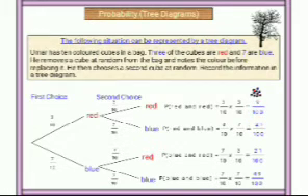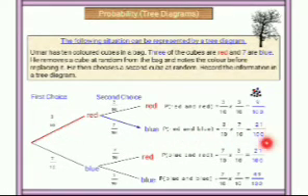Is that clear? So for the outcomes, this one is red red. So you trace the arm like this: red red. Is that clear? So the probability is 9 over 100. Now the second one is red blue. So for the red and blue, just pick this outcome, which is 3 over 10 multiplied by 7 over 10.